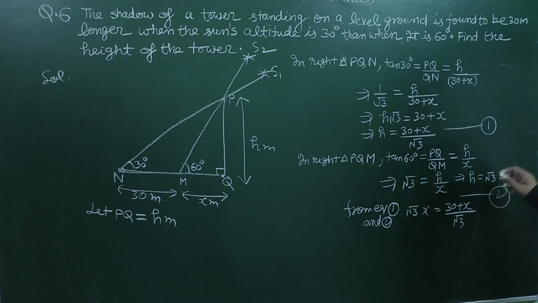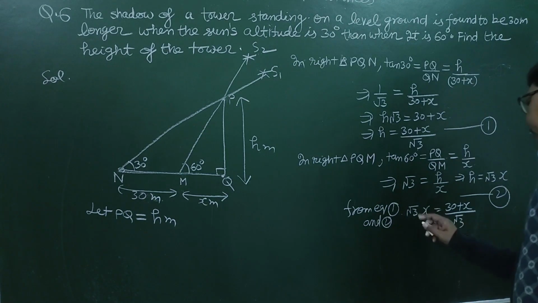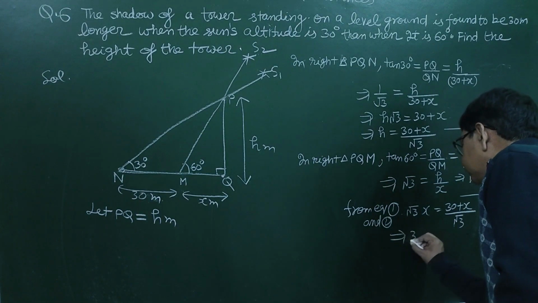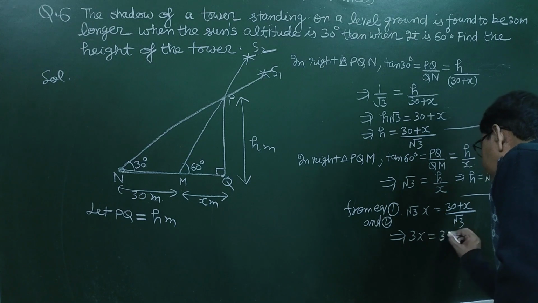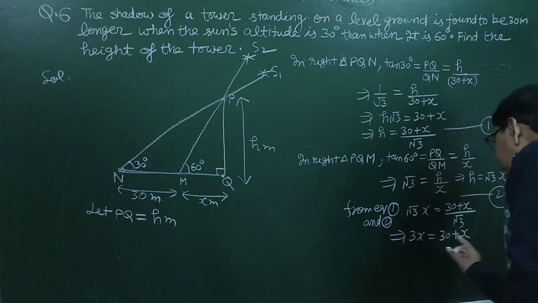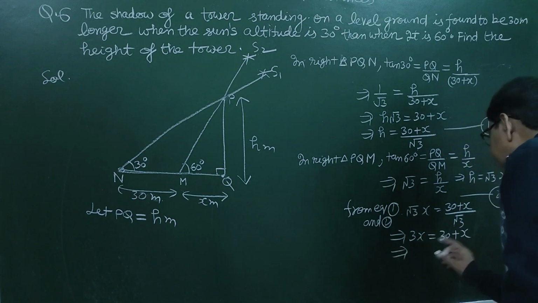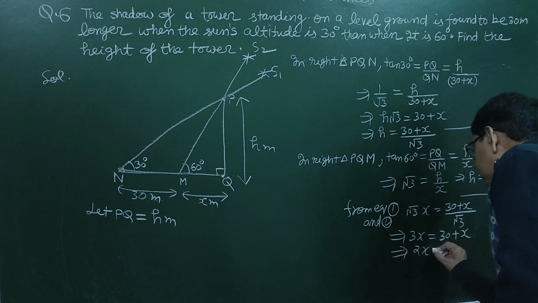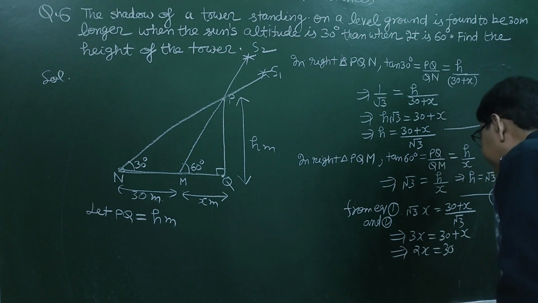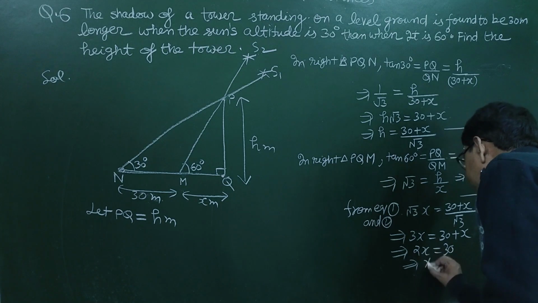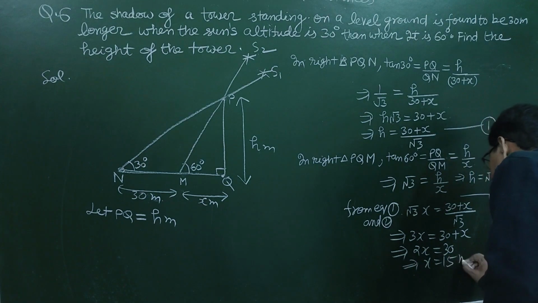So 3x is equal to 30 plus x, or if we transfer to the other side, 2x is equal to 30, or we can say x is equal to 15 meter.